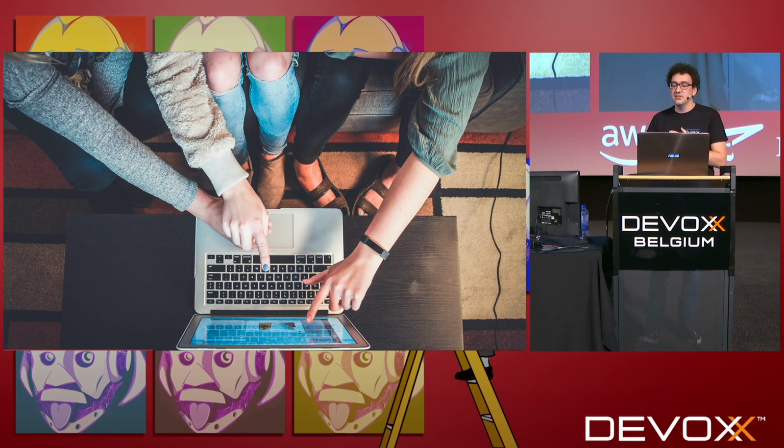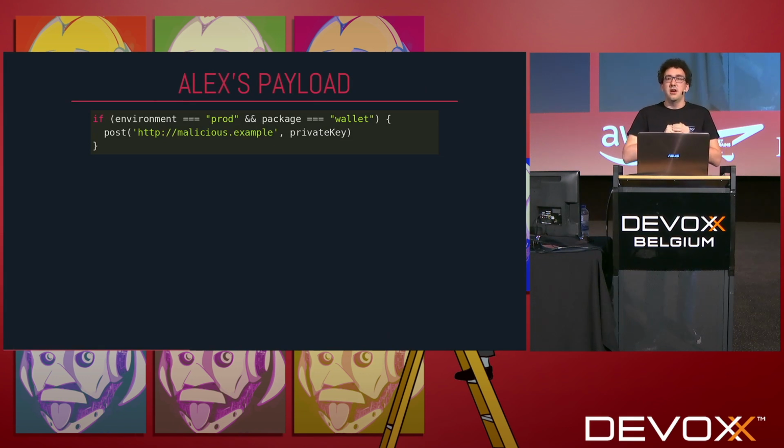So what Alex does is an updated version is published, which checks, oh, is this in the production environment, and does the package we're currently in match the wallet that I'm trying to breach? And if yes, they just post the private key of the wallet to a server that Alex controls.